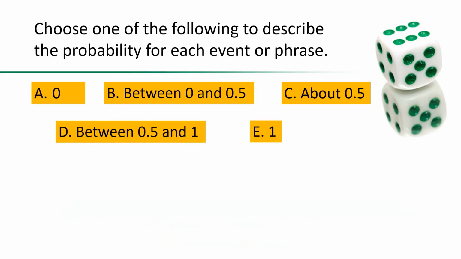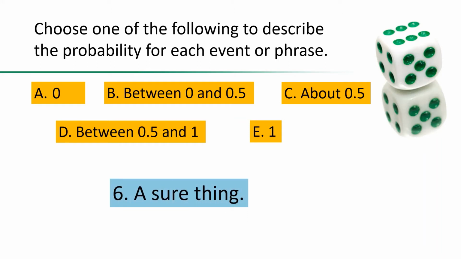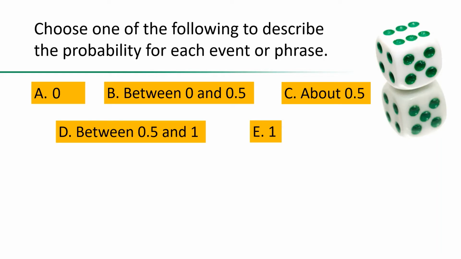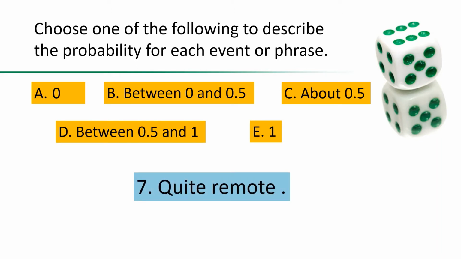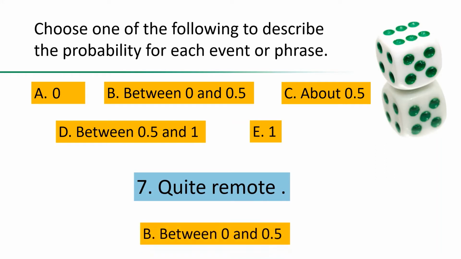Number 6, a sure thing. And the correct answer is letter E. Next, quite remote. And the correct answer is letter B, between 0 and 0.5.